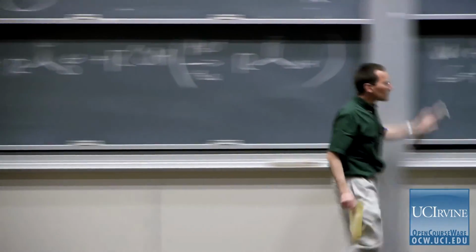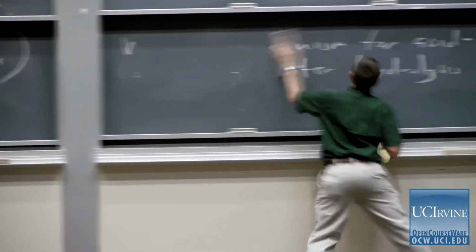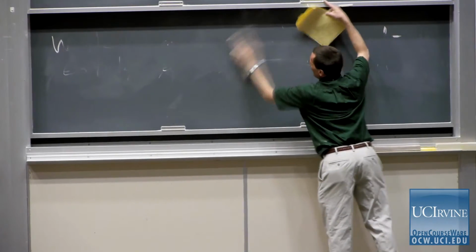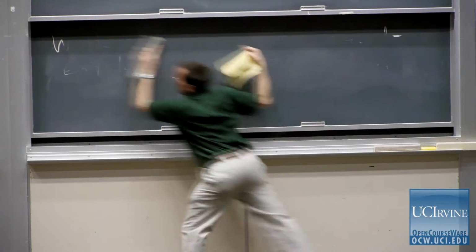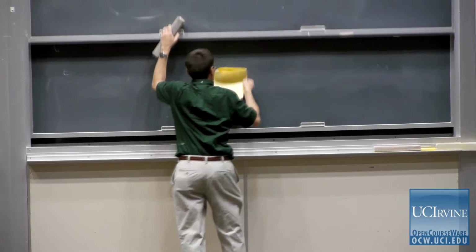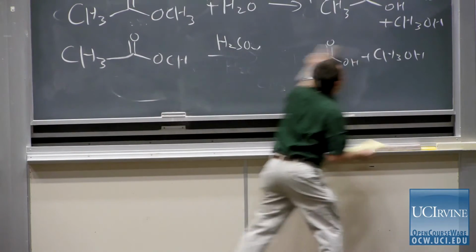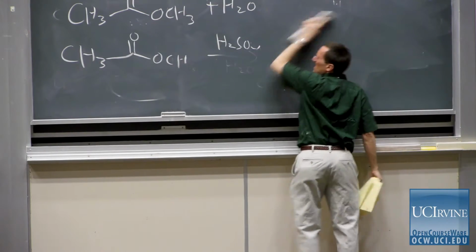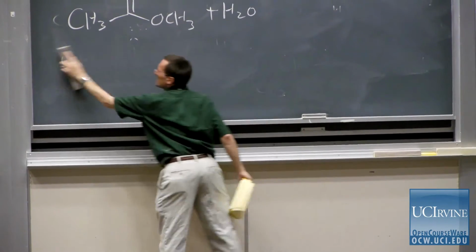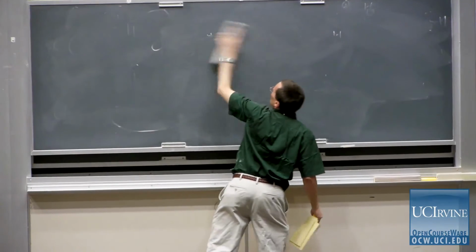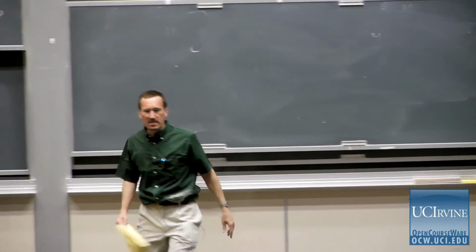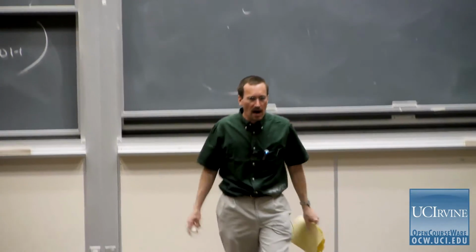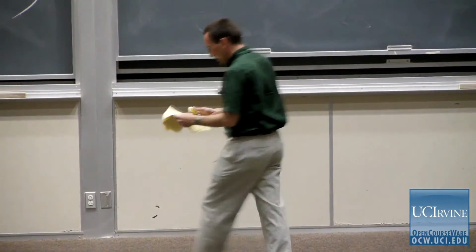All right, so that gives us a little bit of an overview of carboxylic acids and of esters. And now I want to move on to the last main members. There are plenty of other members in the carboxylic acid family, but I want to move on to the last main members of the family, on to amides and nitriles.